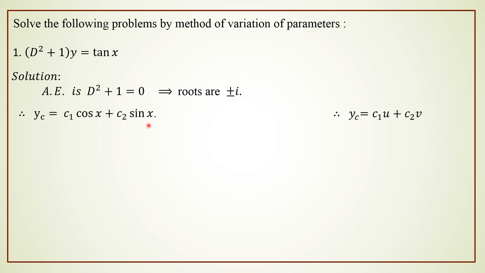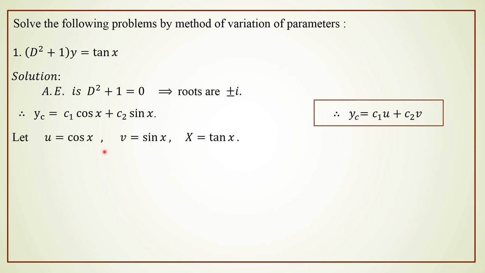Just compare your yc with c1 u plus c2 v, so that u over here is cos x and v is sin x, okay, and capital X over here is the right hand side function of the given differential equation, which is a function of x, that is tan x, okay.